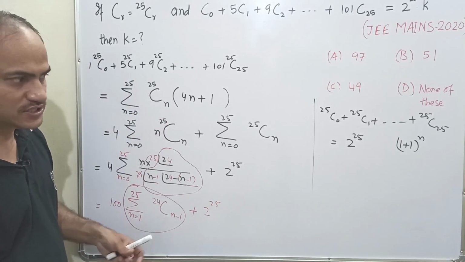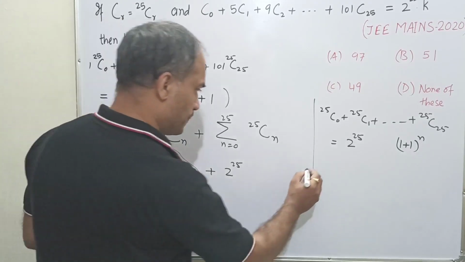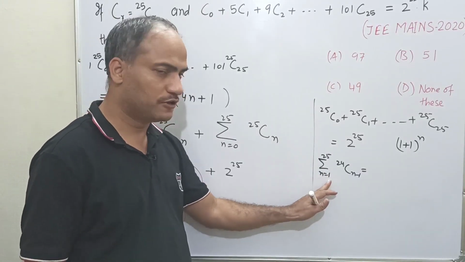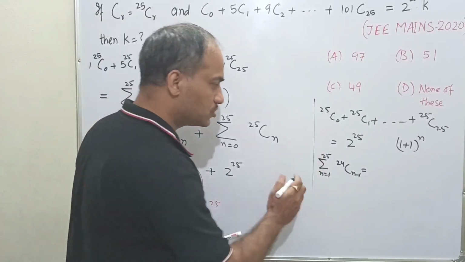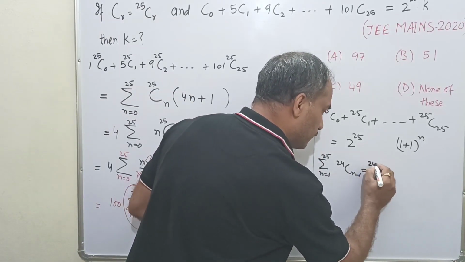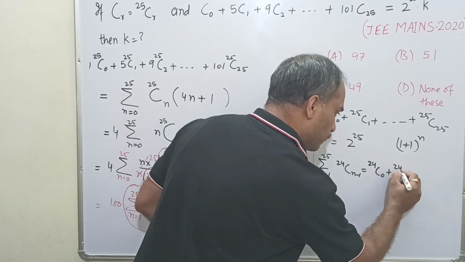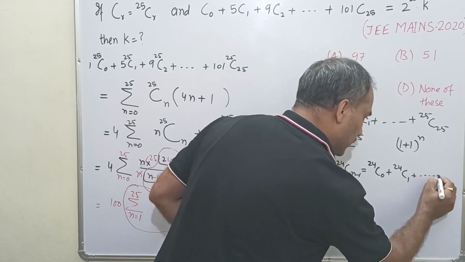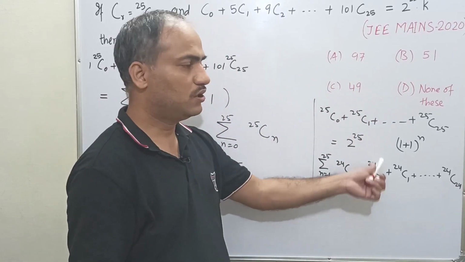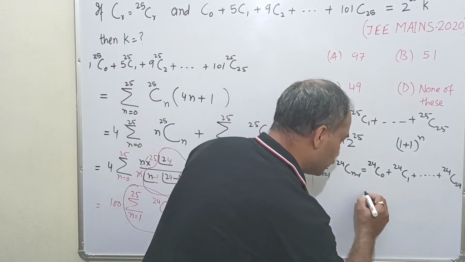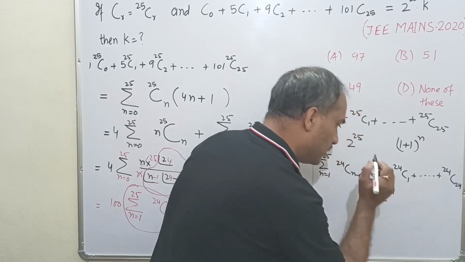Let us see the meaning of this expression. When we put n equal to 1, 2, 3 and so on till 25, we will get 24C0, 24C1 till 24C24. According to the same formula, this will be 2 raised to the power 24.